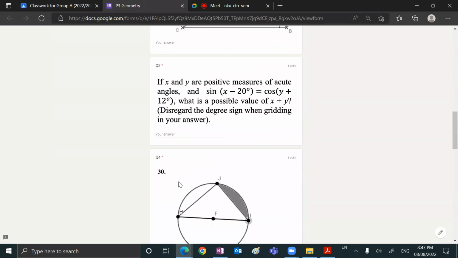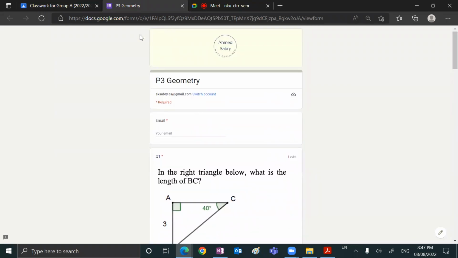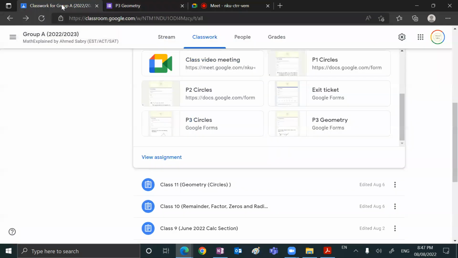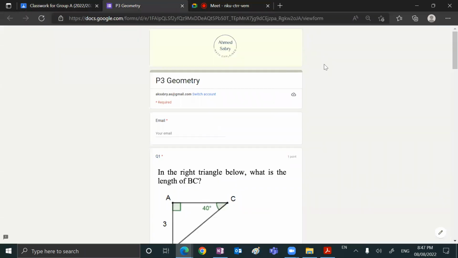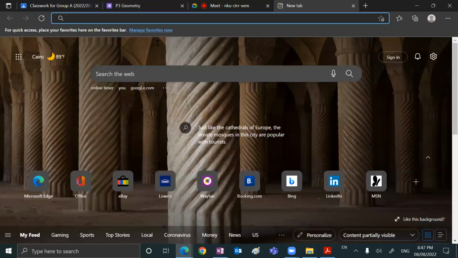So it's all about the geometry again that we've covered, except the circles. Once we're done with it, inshallah, I'll take you through some of the other examples in triangles and then the circles, but without the equations. So whenever you're ready, please go to P3 geometry.